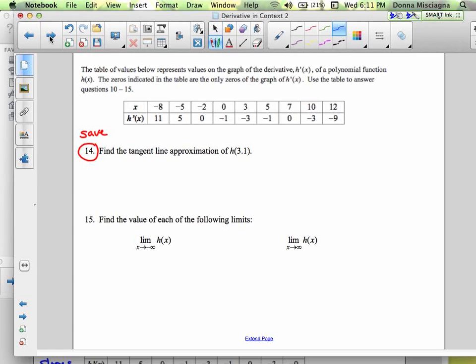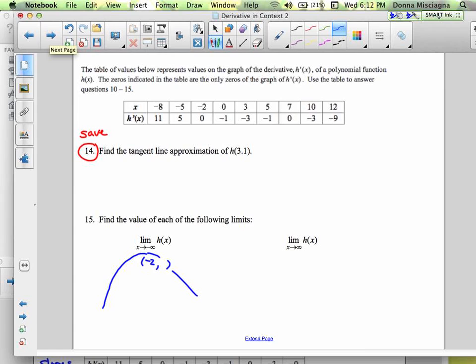So find the value of each of the following. The limit of h of x as x approaches negative infinity. Now, I don't know exactly what the graph looks like. This is just kind of makeshift. But we do know that the derivative is positive up until we get to negative 2, where we have this relative maximum, and then the function starts to decrease again.